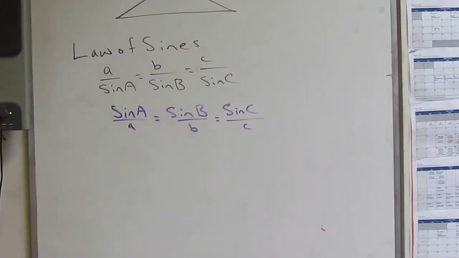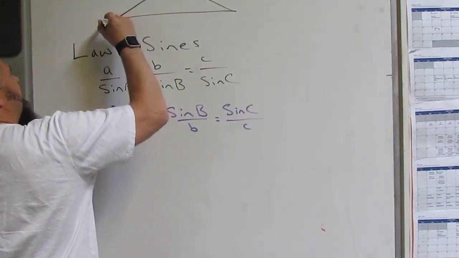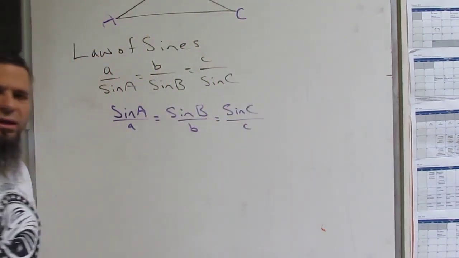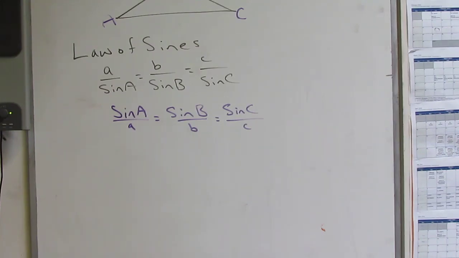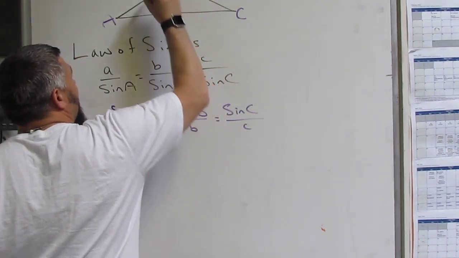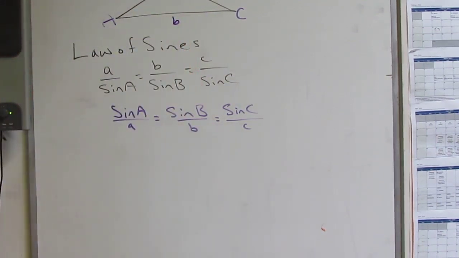And remember, that means we have an angle A, an angle B, and an angle C, and across from those angles are the sides, little a, little b, little c. Okay? And that's how we deal with law of sines.